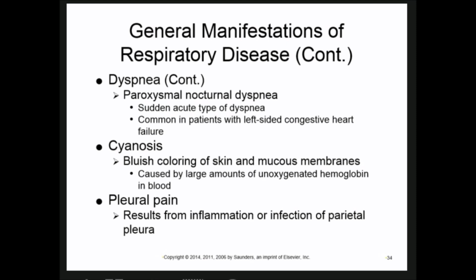I was sleeping, I was okay, and half an hour or an hour after I fall asleep, all of a sudden I have difficulty breathing in the middle of the night. Why left-sided? Because if the left side of the heart fails, the blood coming from the lung to the left side stays in the lung. It doesn't come through, so the lung becomes congested, and this makes it hard to exchange gases. So paroxysmal nocturnal dyspnea means left-sided congestive heart failure.